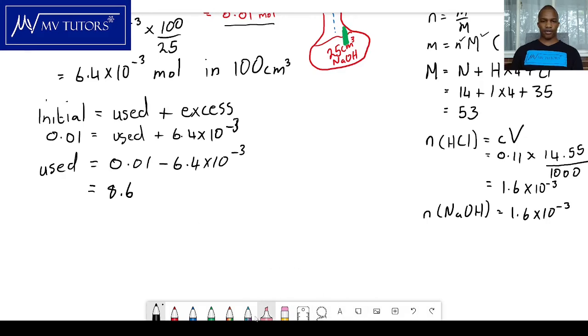Let me just look at it. Was it 8.6? Oh no, 3.6. My bad, I had something blocking me on my screen here. It's actually 3.6 times 10 to the power minus 3.